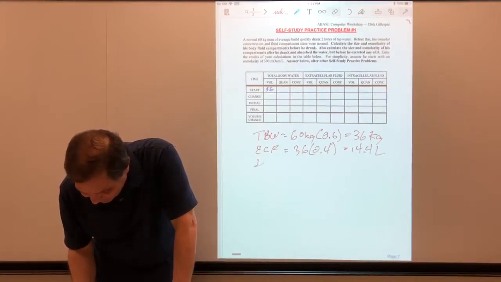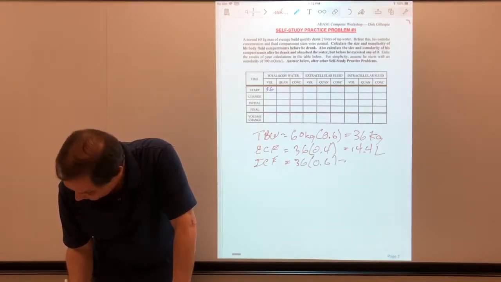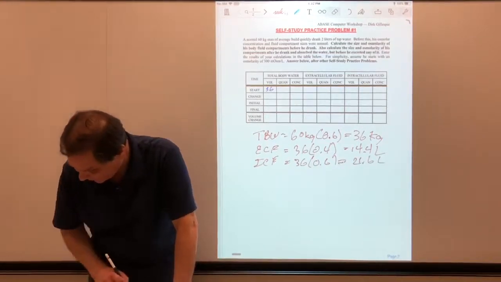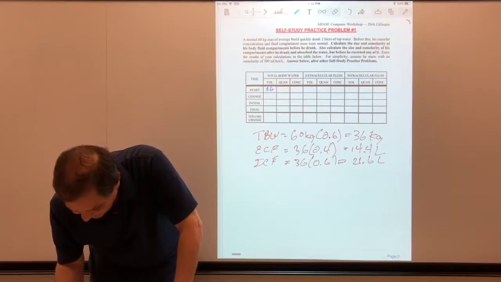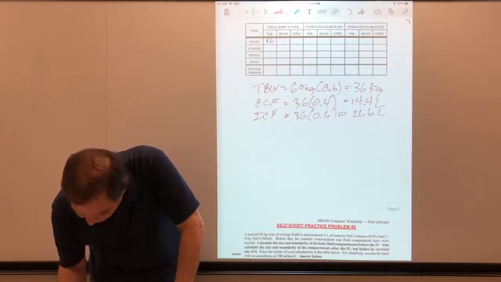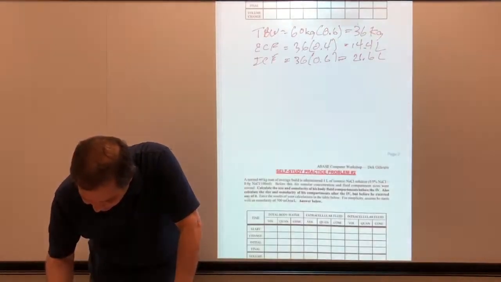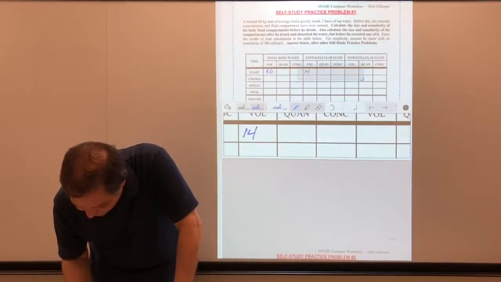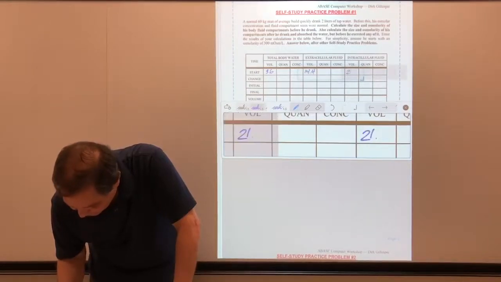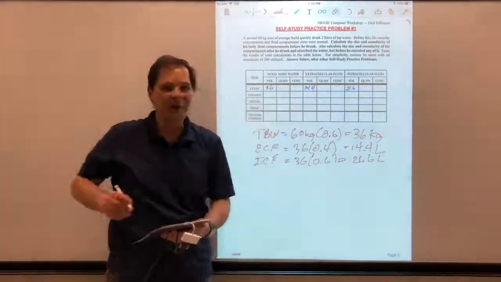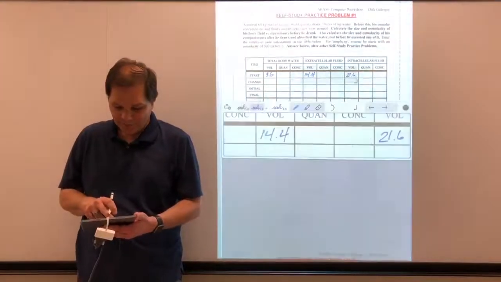And the intracellular fluid is the other 60%, and that is equal to 21.6 liters. Okay? So here we have 14.4 and 21.6.